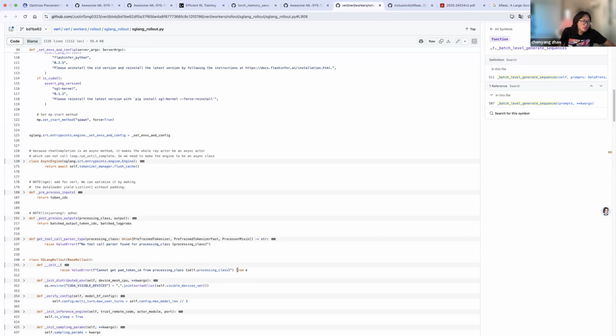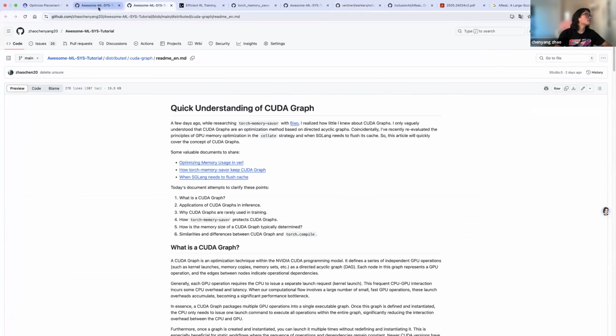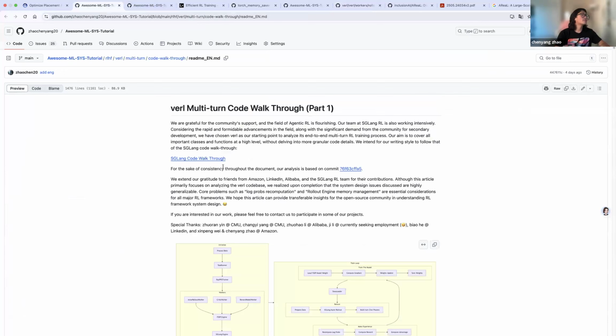As soon as it's merged, we will share with our community how their tools are actually maintained. And I strongly think that Slime and Areal have much clearer code than Verl. The Verl maintainer team says they are trying to refactor the code, but I don't know the progress.